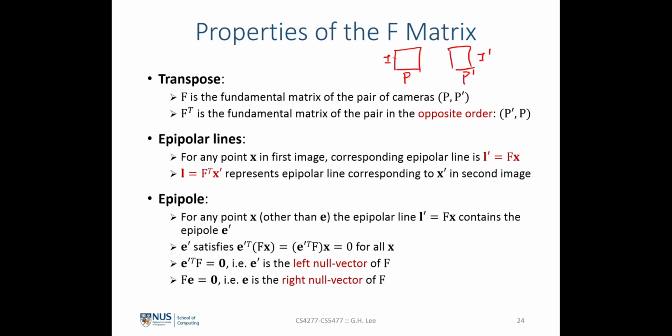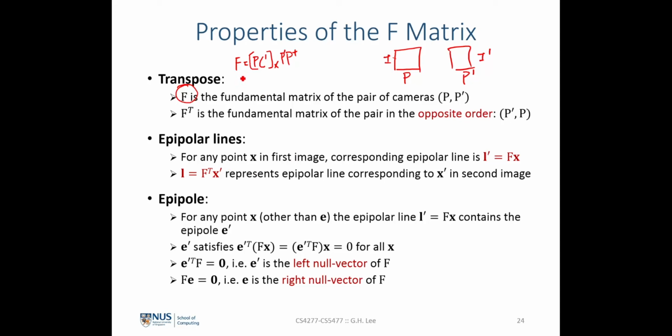Our derivation is based on this ordering. So we saw earlier on that we get the expression for the fundamental matrix, F equals P multiplied by C cross product, multiplied by P prime and P pseudo inverse. That is the relation.